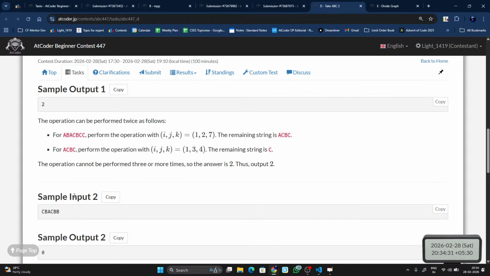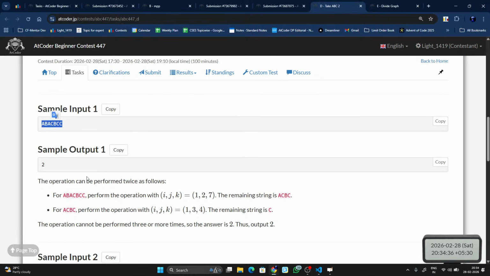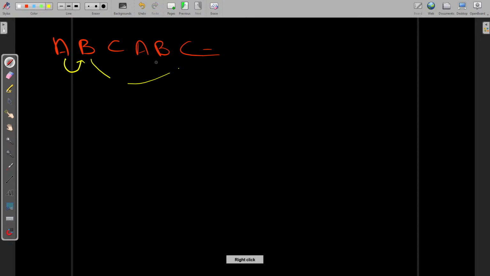Test cases in this problem are not that good to give a decent understanding, so let's just go with this particular test case: A, B, C, and again A, B, and C. In this problem, you can start with this A, select this B, and go to this C, or you can start with this A and B, and you will only form one pair.